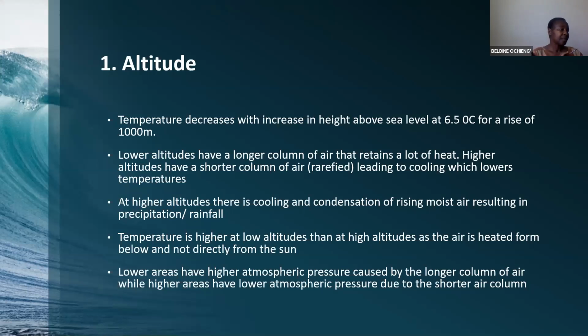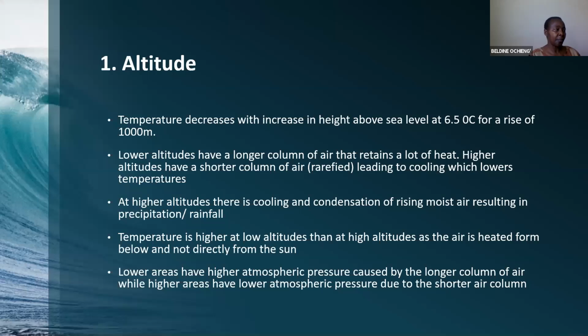Then, lower altitudes have a larger column of air that retains a lot of heat. Get that right? Higher altitudes have a shorter column of air. They are rarefied, leading to cooling, which lowers temperatures. We are going to use some diagram here.